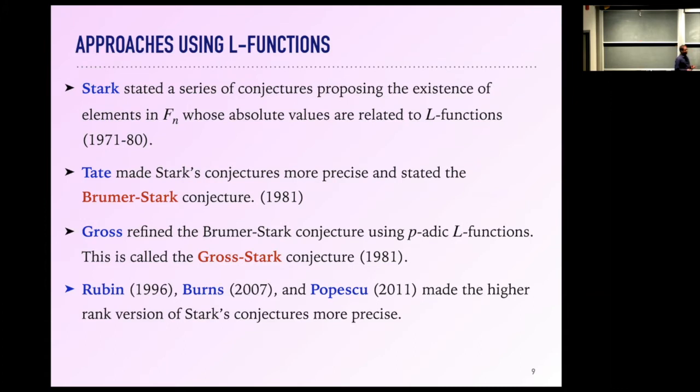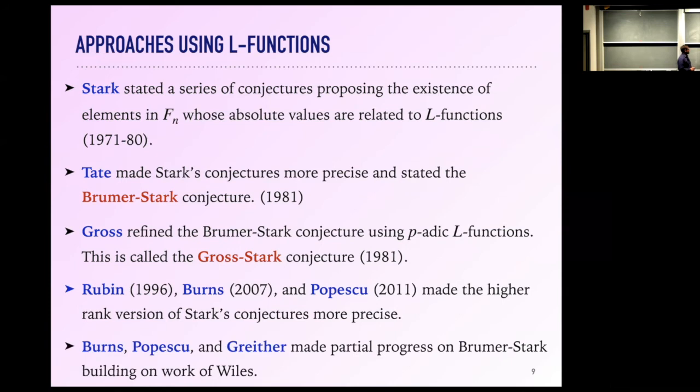I haven't even defined what I mean by rank, but even in the lower rank cases, making the conjectures very precise was done by very many mathematicians. And I'll say that very significant partial progress had been made on the Brumer-Stark conjecture by Burns, Popescu, and Greither, building on Weil's proof of the Iwasawa main conjecture.